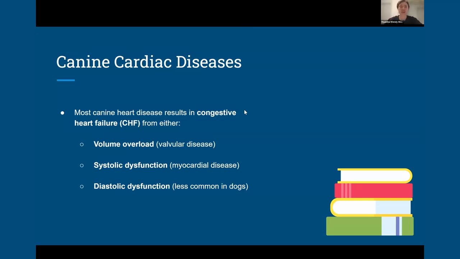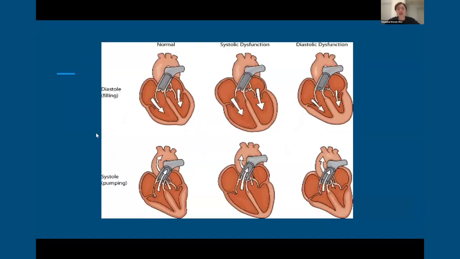All right. Next, I just want to show a diagram of what I was just talking about. Normally there's the diastole, which is the filling phase, and then the systole, which is the pumping phase of the heart. That's how you hear the lub dub sound, and that's how you count one heartbeat.